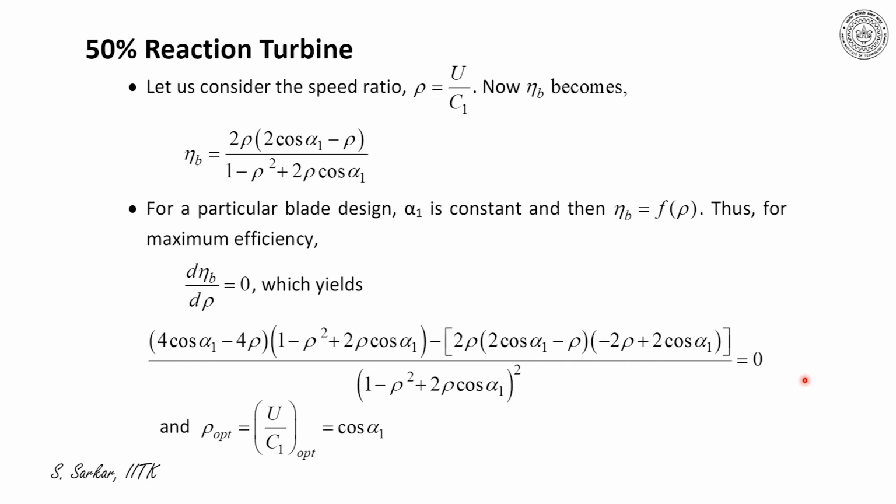Please check the expression. This will lead to rho optimum, that is U by C1 optimum, equal to cos alpha 1. So the optimum blade speed ratio for a 50% reaction turbine would be equal to cos alpha 1.